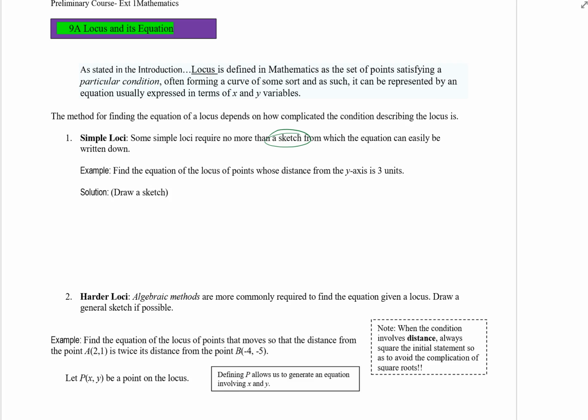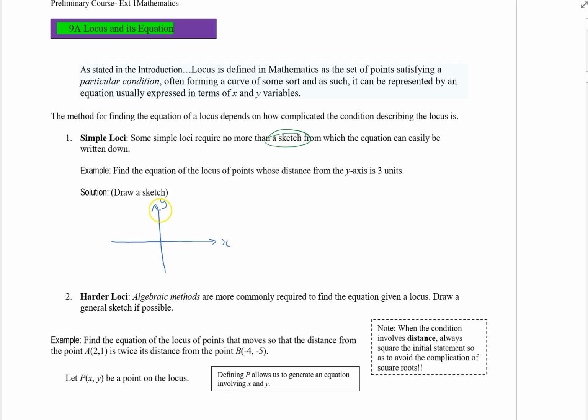It says, find the equation of the locus of points whose distance from the y-axis is 3 units. So this is one that I could sketch. This is my x-axis, this is my y-axis. I want the equation of the locus of points whose distance from the y-axis is 3.